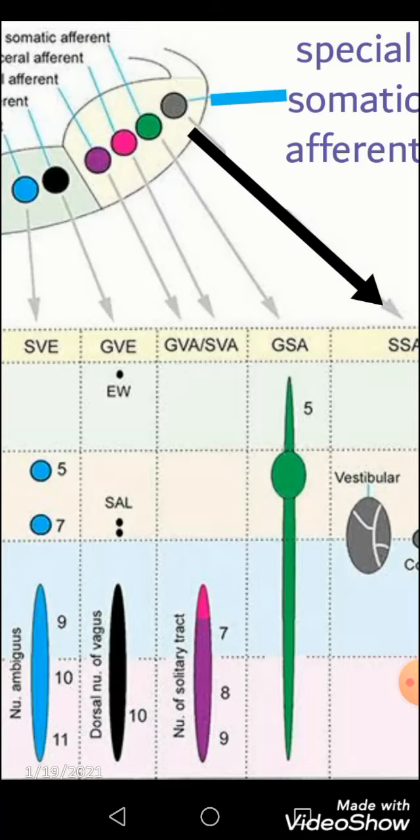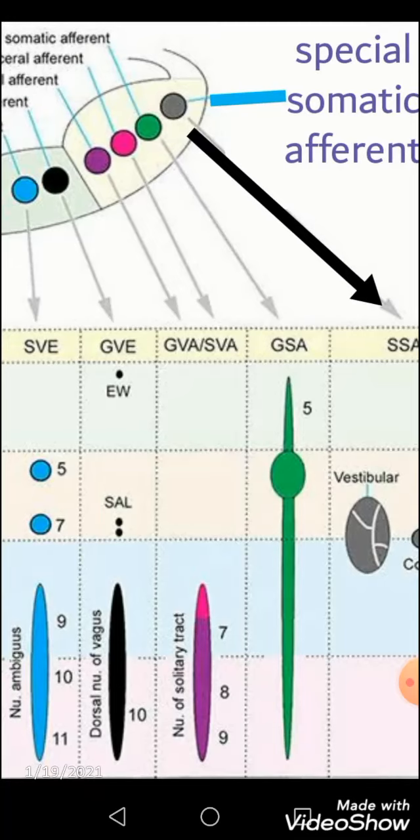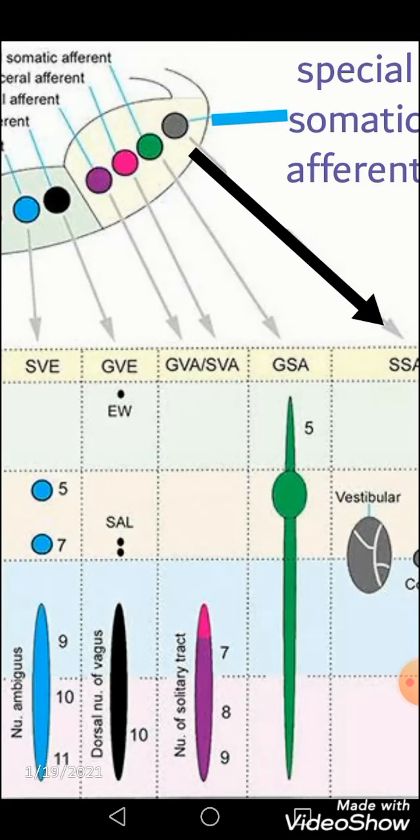Such nerves include the fifth nerve, and they mention that the 8th, 9th and 10th also carry exteroceptive information through receptors from your ear and tongue, and they are also part of this general somatic afferent group.